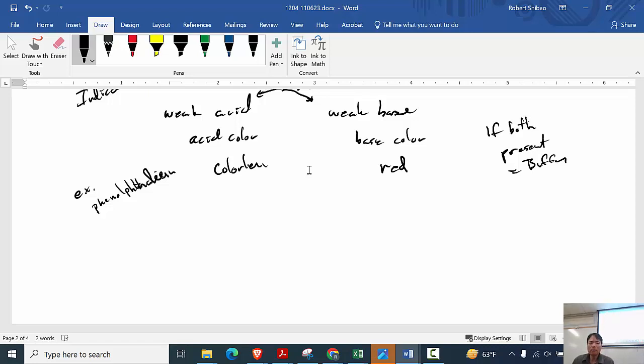And so what we have is this: the pH is equal to the pKa of the indicator plus the log of the base to acid ratio for the indicator.